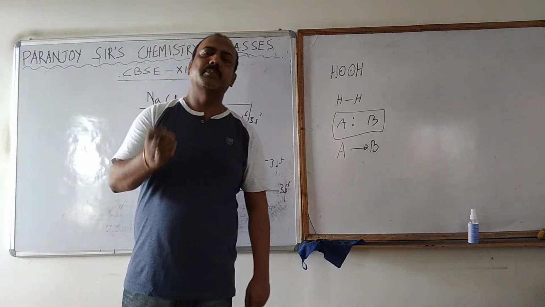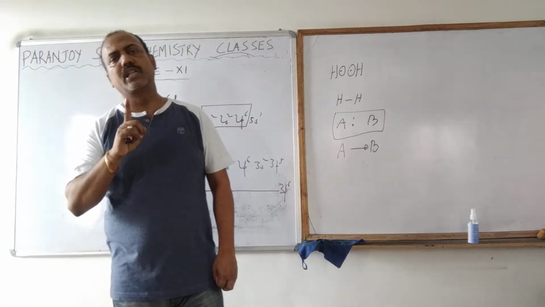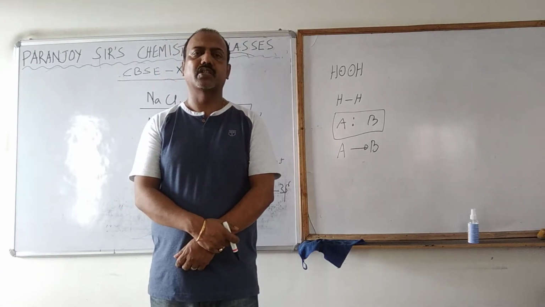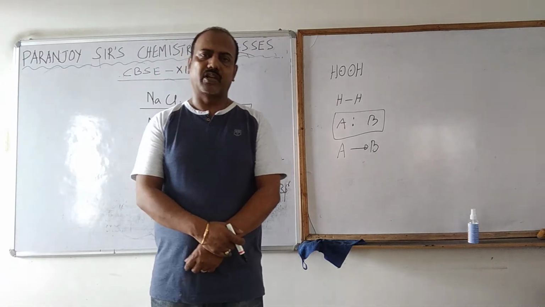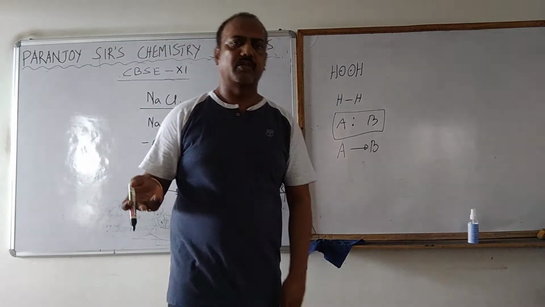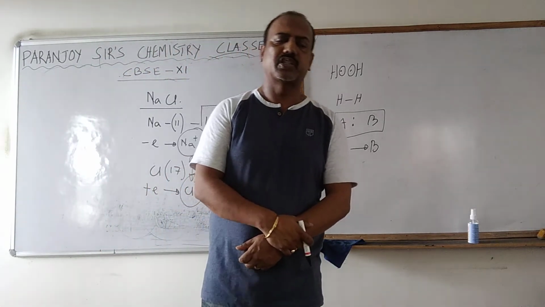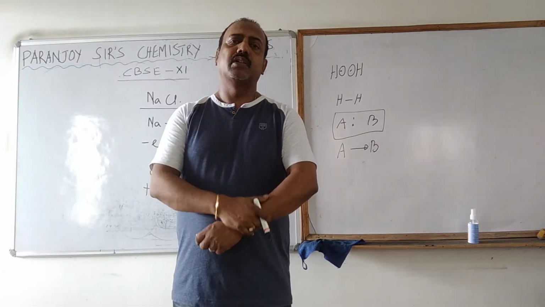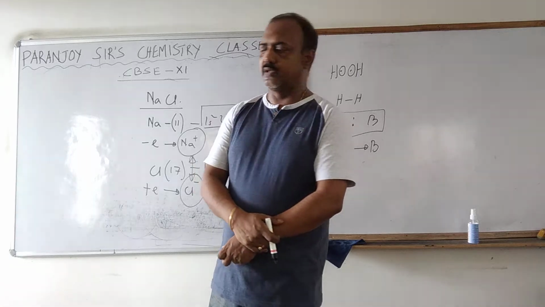But this shared pair of electrons is given by only one atom, not by both atoms. That is why it is known as a coordinate covalent bond, a special type of covalent bond, where the shared pair of electrons is given by only one atom responsible for the formation of the bond.